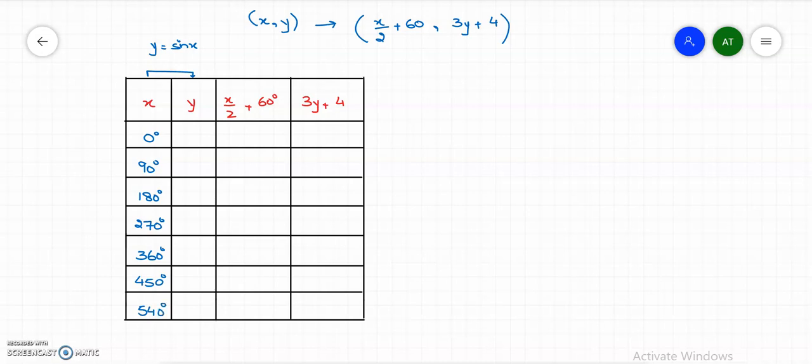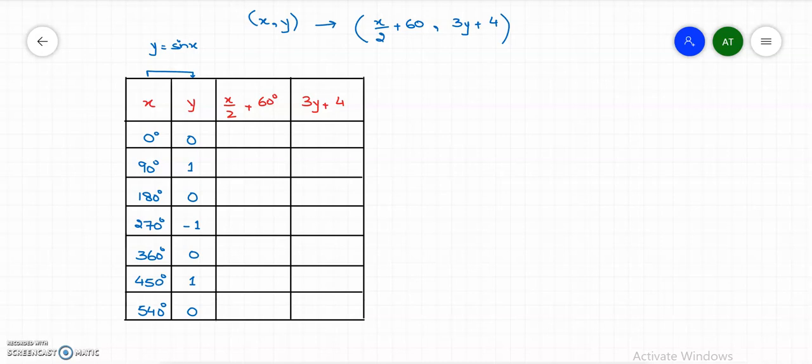You can get the y values by using a calculator. Sine 0 is 0, sine 90 is 1, sine 180 is again 0, sine 270 is negative 1, sine 360 is 0, sine 450 is 1, and sine 540 is again 0.